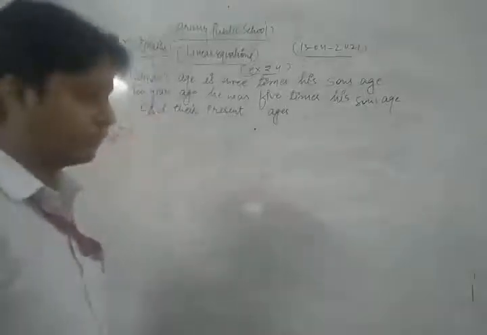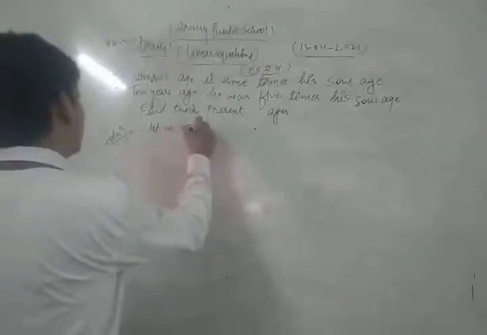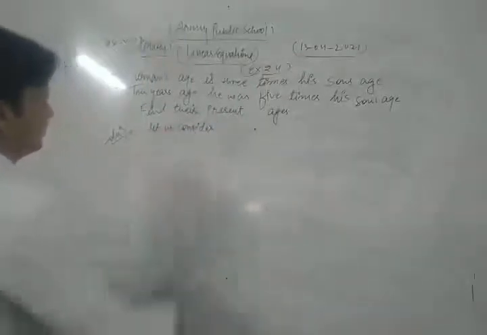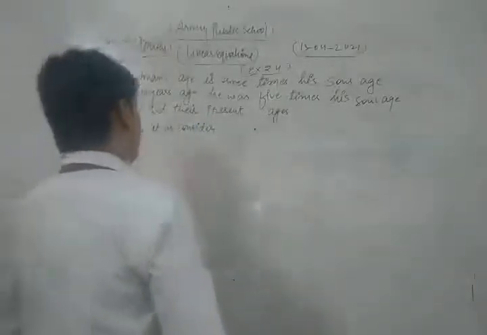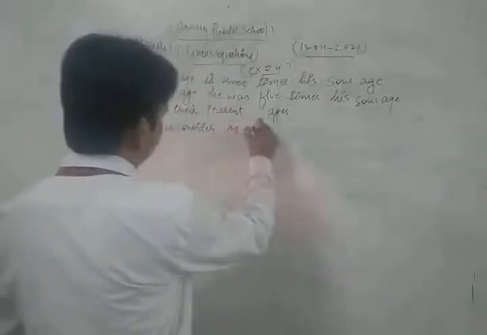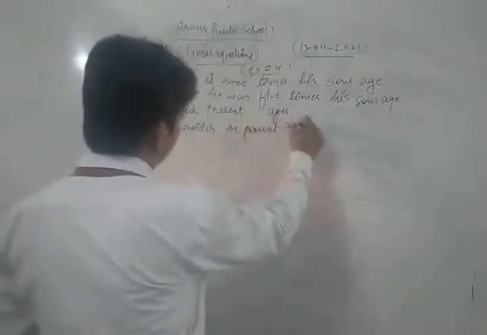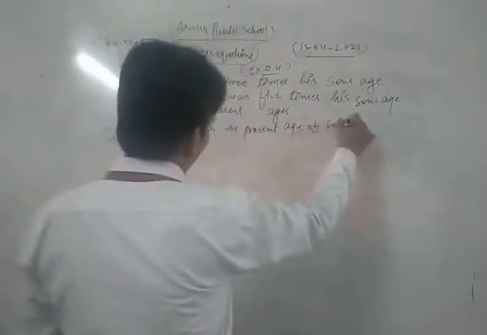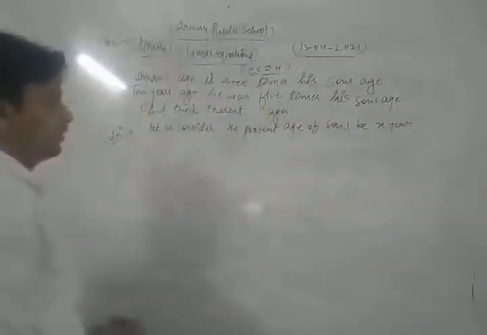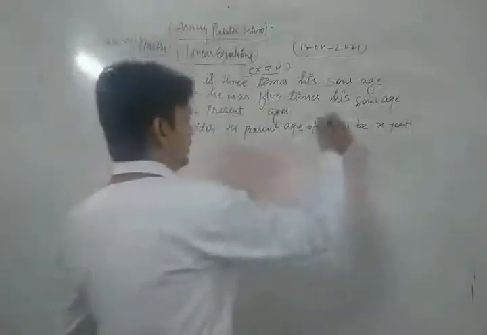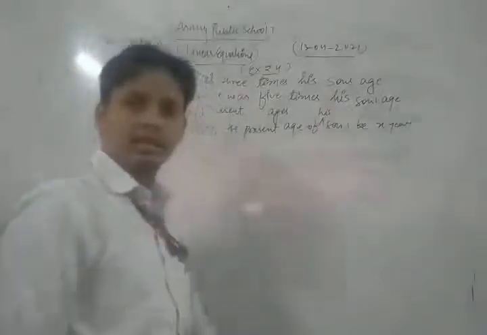Then Aman's age is 3 times his son's age. So first of all, let us consider the present age of the son be x years.